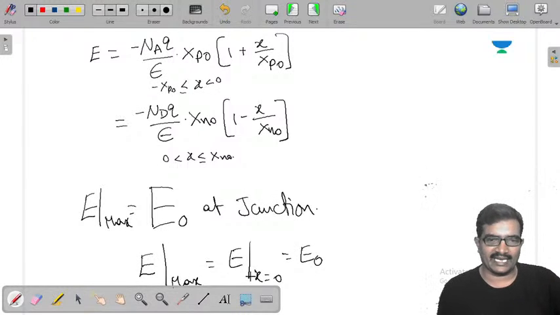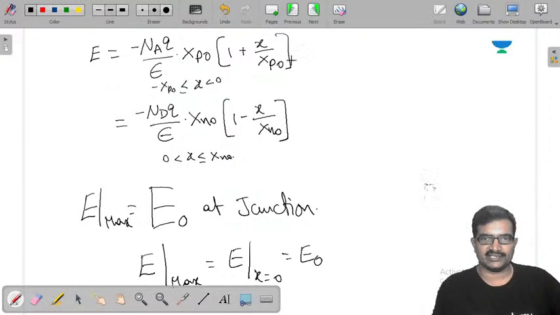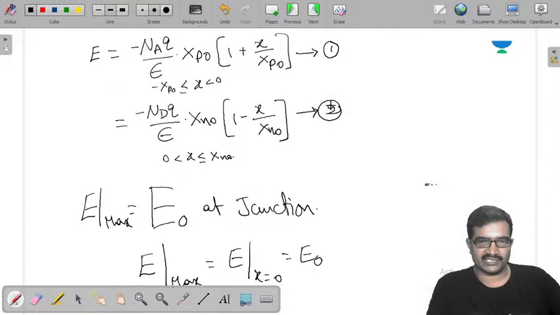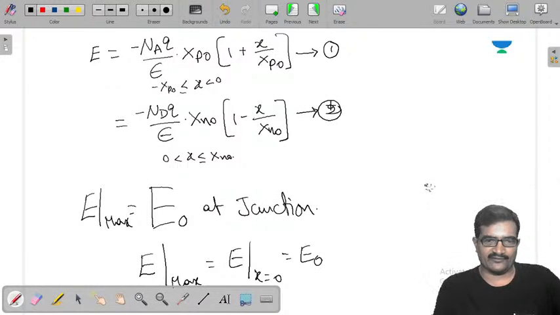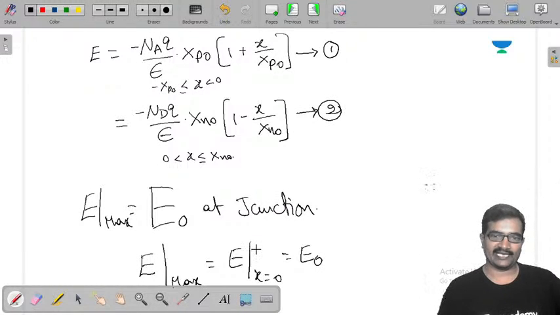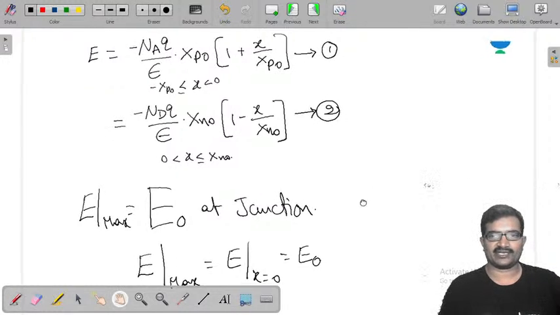Now I am substituting x equal to 0 in these two equations. Let us call them 1 and 2. In these two equations, I am substituting the maximum condition, so E becomes E naught and x is 0.